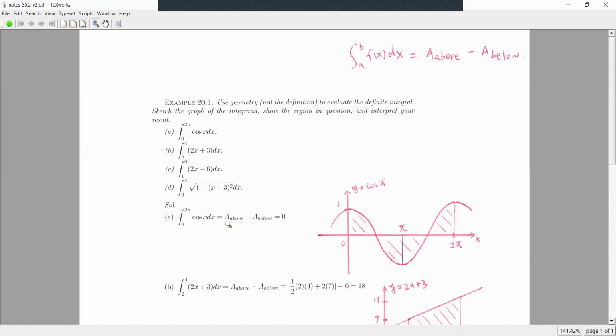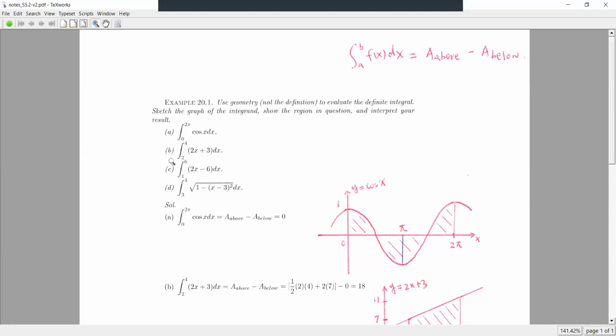It is the total area above the x-axis minus the total area below the x-axis. The total area above the x-axis is this area plus this area. This area plus this area clearly is equal to the area below the x-axis. So therefore, area above minus area below is 0. Therefore, this integral is 0.